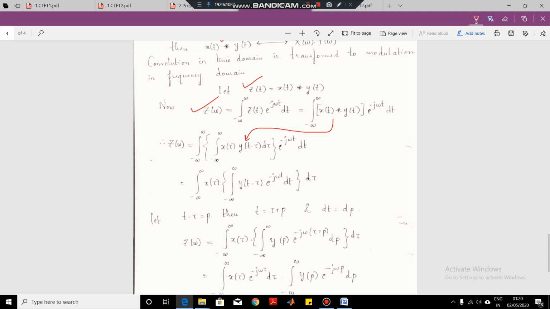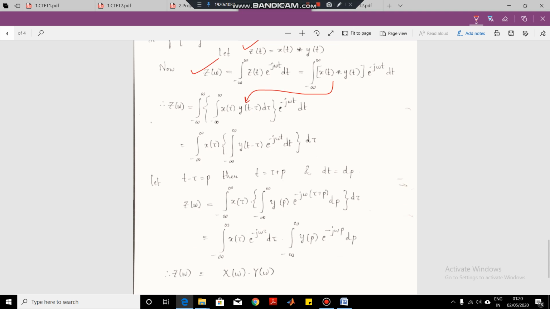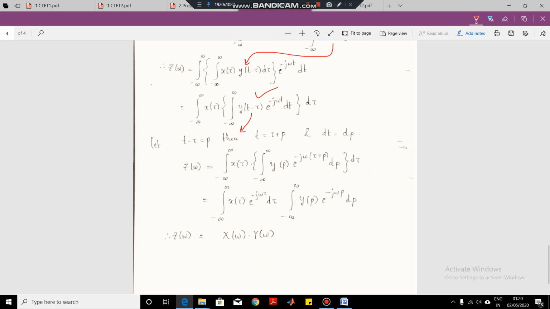So when we write the equation of convolution here, we can separate out the terms. Now let us simplify this further by doing a substitution and finding out the limits. After solving this integration and separating out the limits, we see that we get two Fourier transforms. This corresponds to the Fourier transform X of omega, and this corresponds to the Fourier transform Y of omega. Both of these equations are the same, only the variables are different.